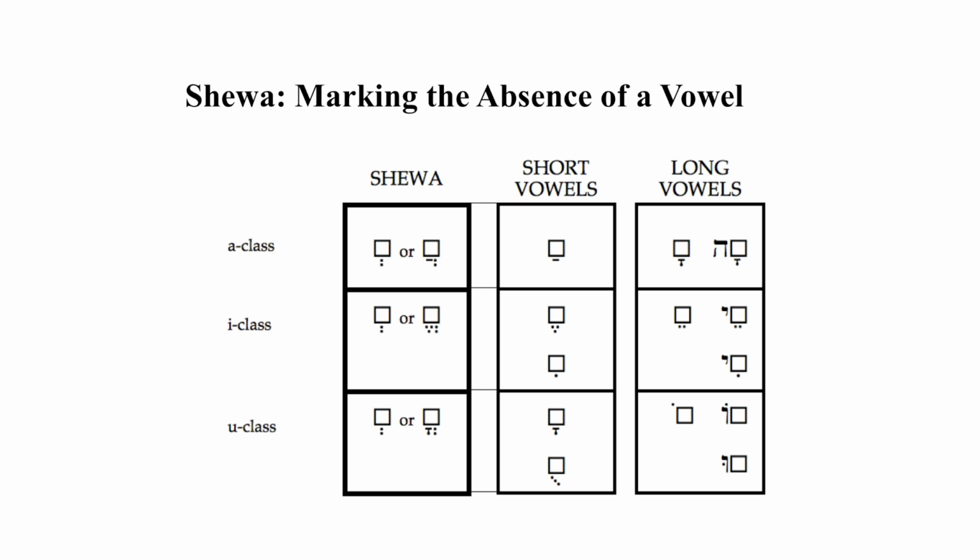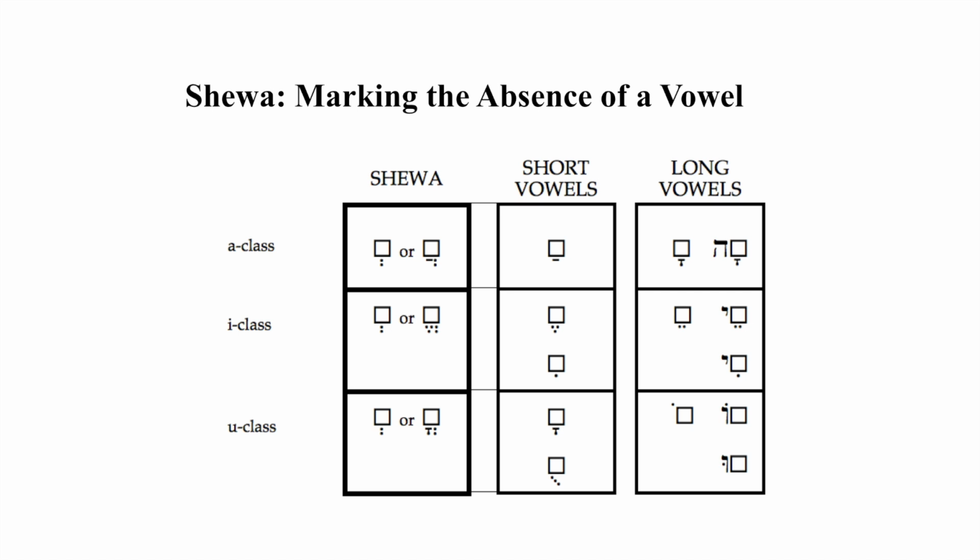And then in the U class category, the O and U vowels, they will use the short O together with the schwa symbol to indicate a transition with consonants that desire more of a U class vowel. So your long O would be pronounced O, your short O, O, and your composite schwa to indicate the absence of a vowel, O. Just make it very short as you transition from consonant to consonant.